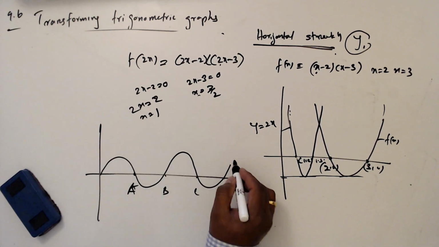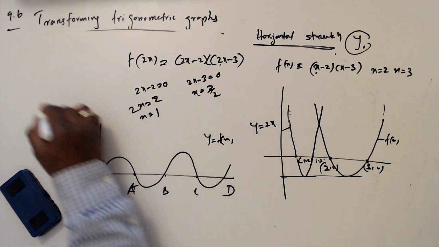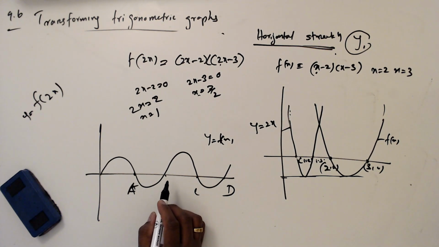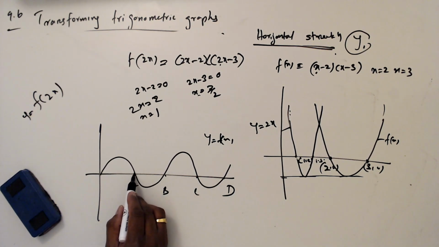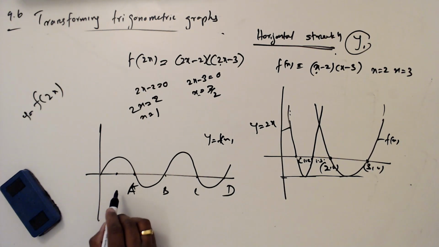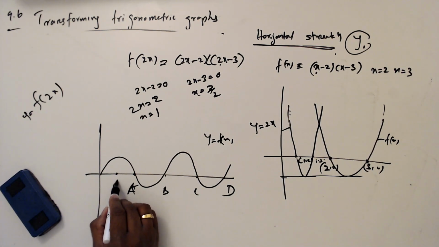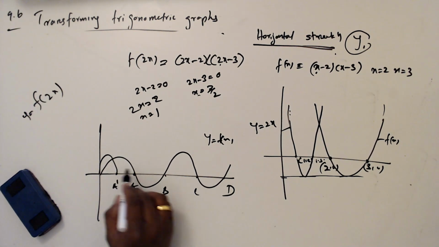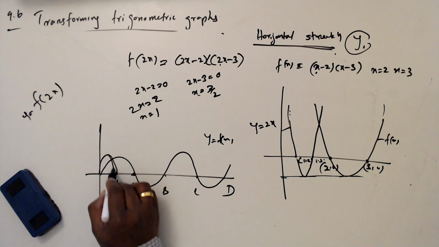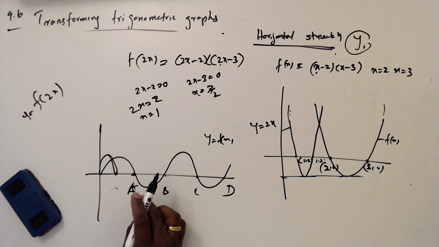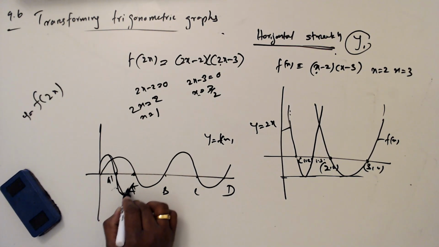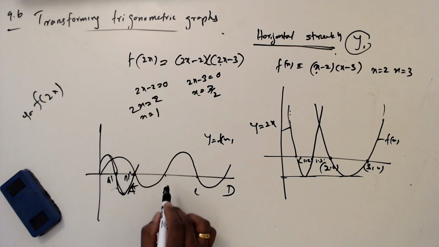Let's say this is y equals f(x). Then what is y equals f(2x)? You will get A here now. This is A, and I put A dash. And B here. This point will be here, this is A dash, then this is going to be B dash.